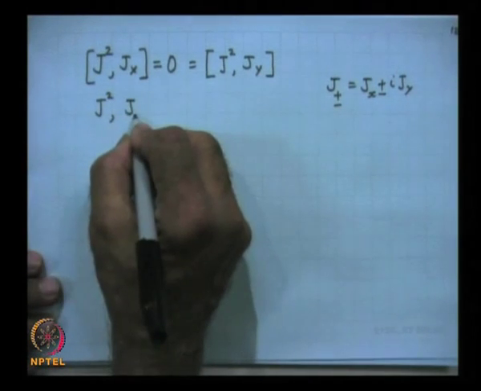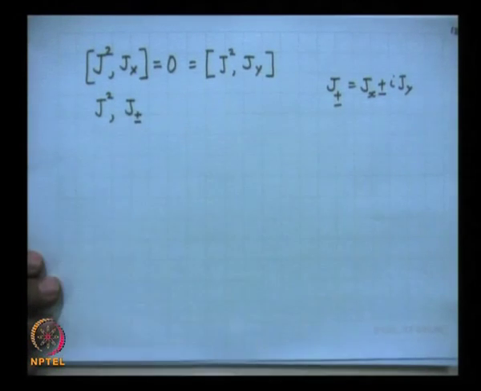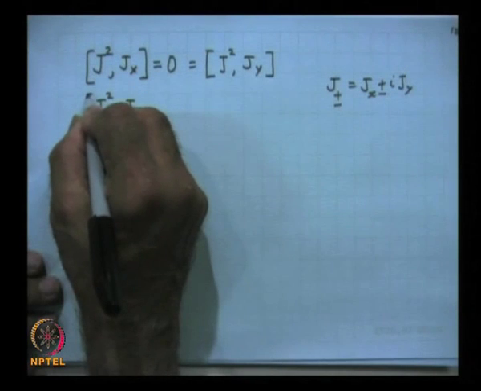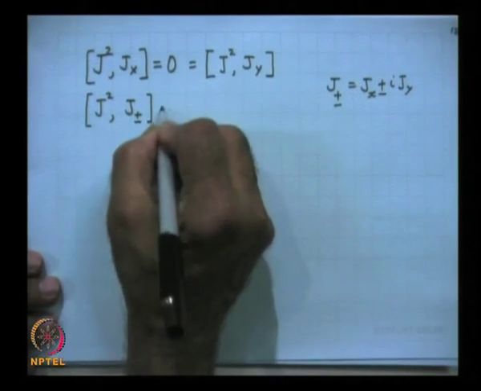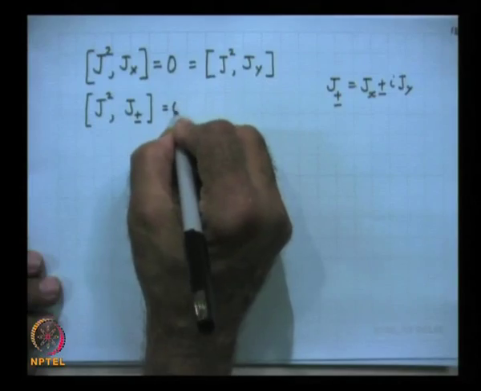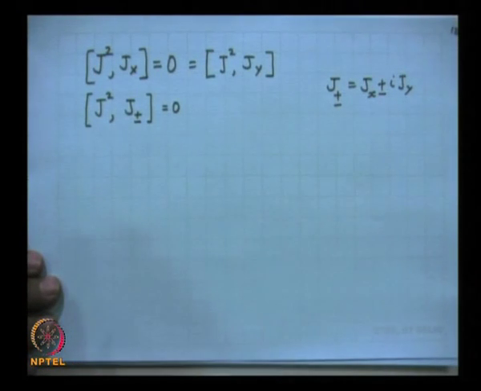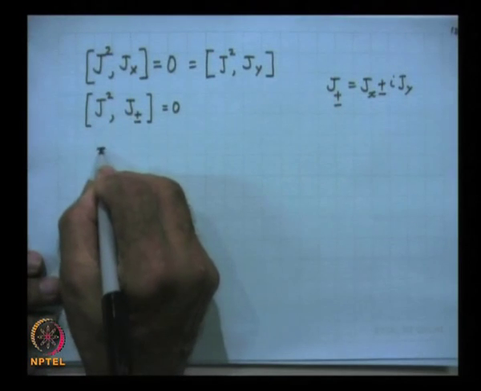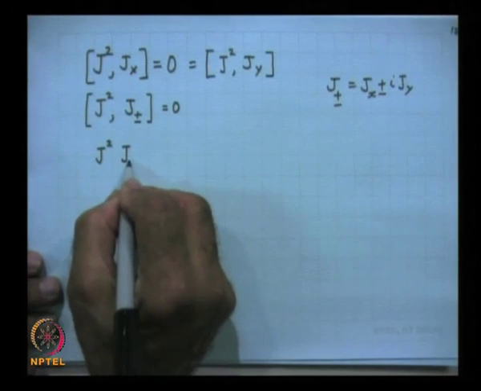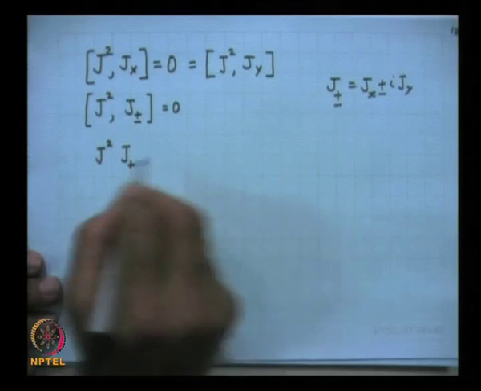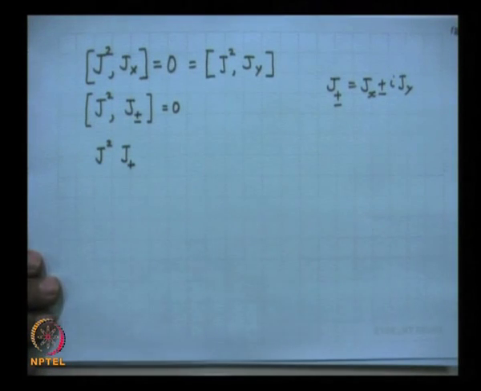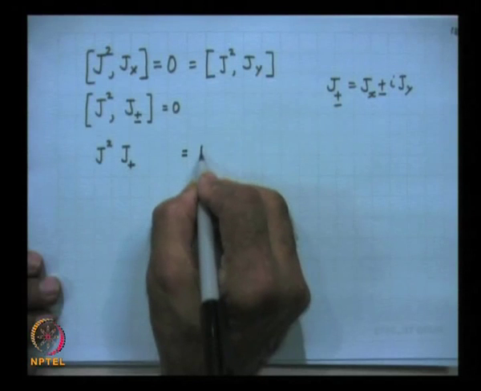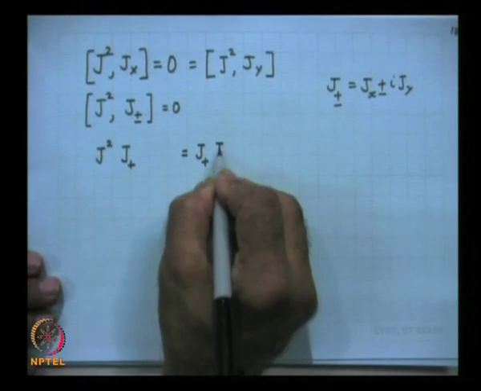So, j square will commute with j plus and j minus. So, please see this, the commutator of j square and j plus is equal to 0, or of j square and j minus is equal to 0. So, therefore, j square j plus is equal to j plus j square.